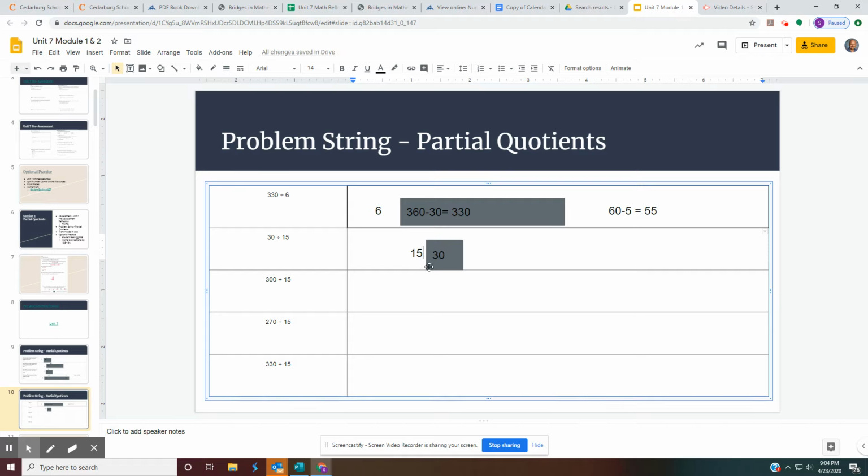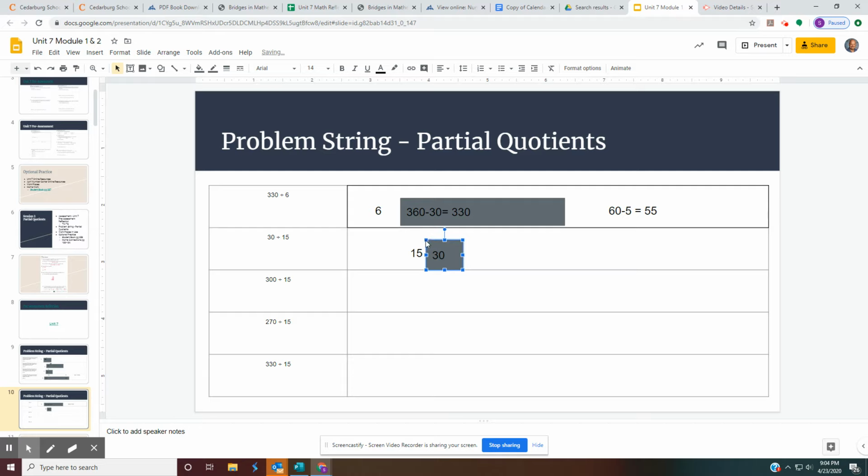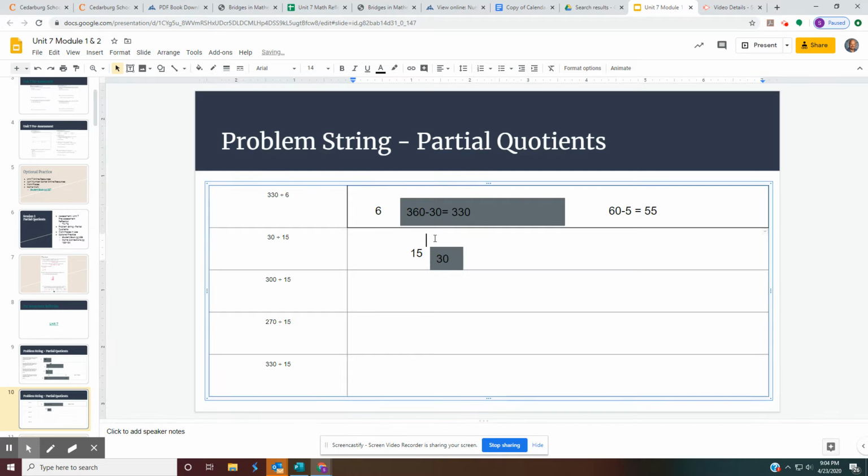So if I have 15 columns here, or I'm sorry, 15 rows here, how many columns do I need to get to 30? And that's pretty simple. I have to make that a little smaller. It's 2, because 15 times 2 is 30.